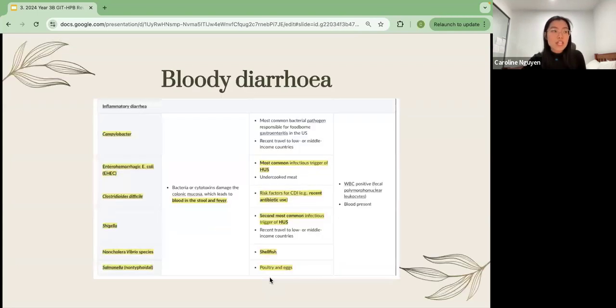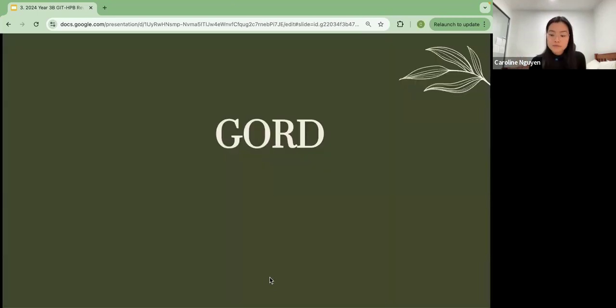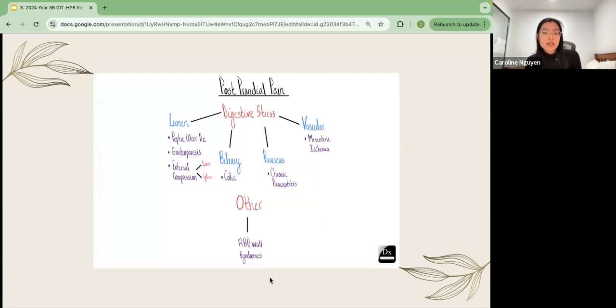The other ones, yes, Shigella. So Campylobacter, that's in people who like drink water that's been contaminated by animals and stuff. And enterohemorrhagic E. coli, undercooked meat, C. diff in antibiotic users, Shigella as well as salmonella.